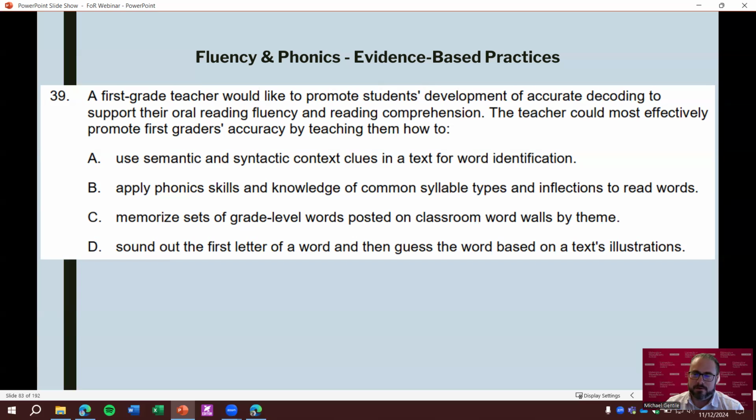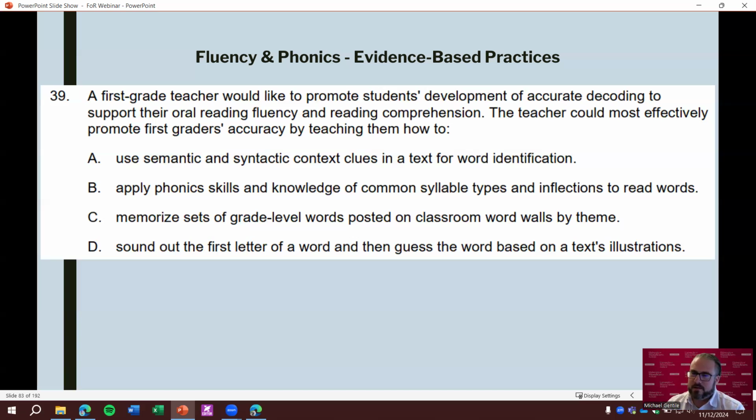But this is a question about the connection between word recognition and fluency. So what does the student want to do to develop accurate decoding? How are we going to do that? We're going to teach the phonics skills to improve their accuracy. And one of the ways that we can teach phonics skills is by teaching them syllable types, because syllable types help us figure out what is the vowel sound in the word.